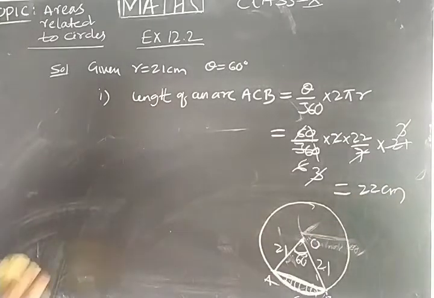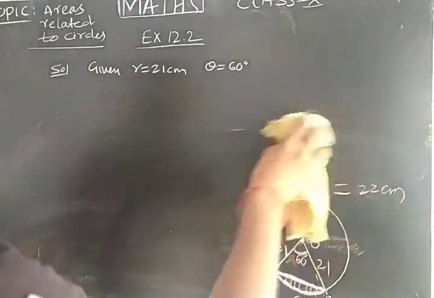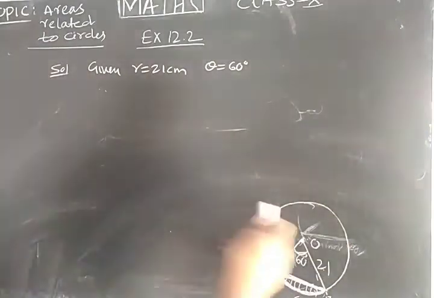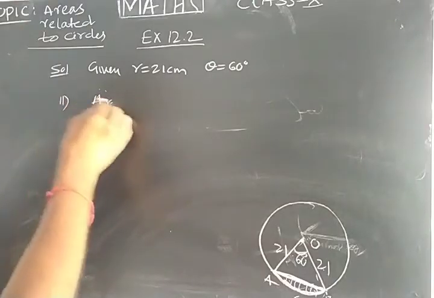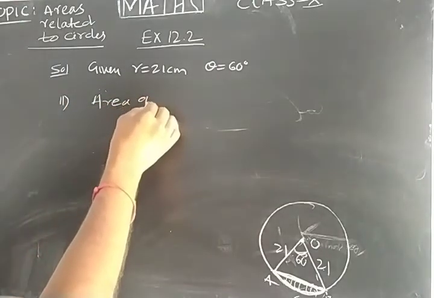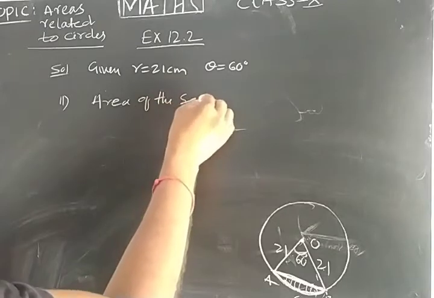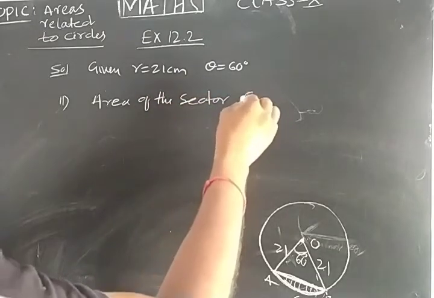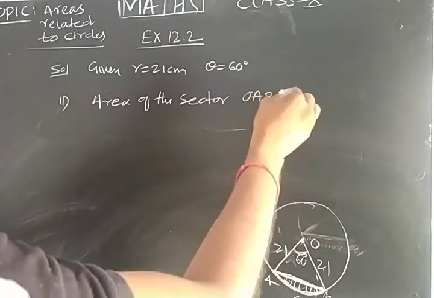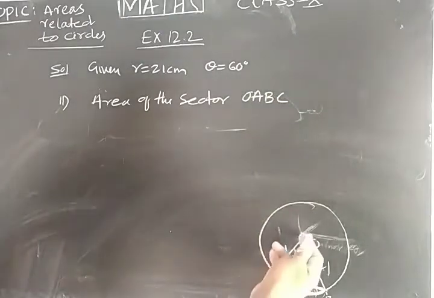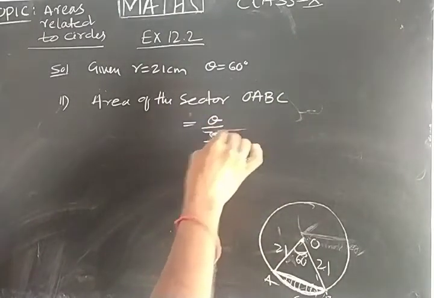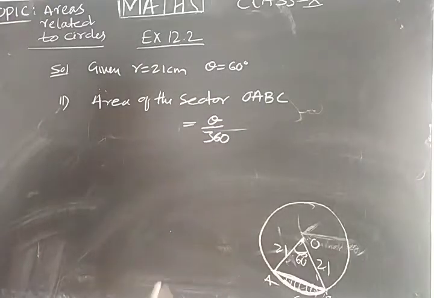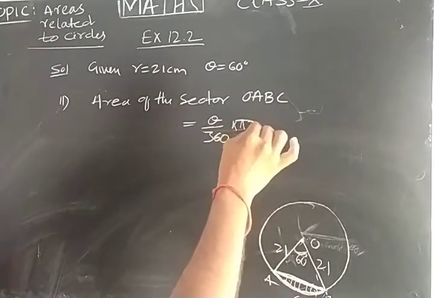First problem over. Now the second problem, to find the area of the sector, denoted by OABC. OABC is equal to, again by formula, theta by 360 into pi r square.